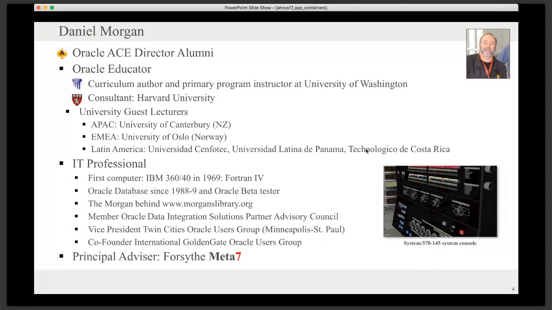I'm the Morgan behind the Morgan's Library website and a member of the Oracle Data Integration Partner Council. My current job, they gave me a title of Principal Advisor, which I assume means they gave me permission to tell them what to do. Every once in a while, they actually listen to my advice.